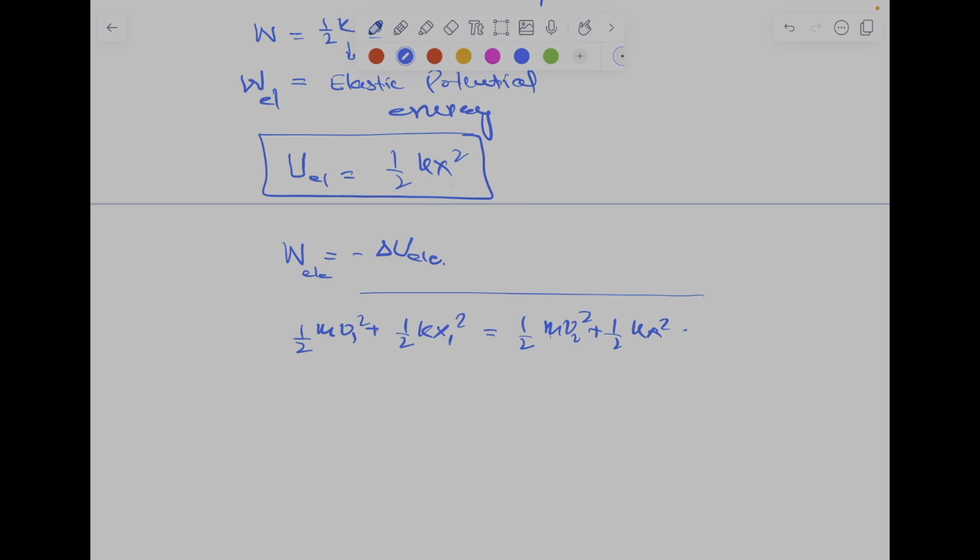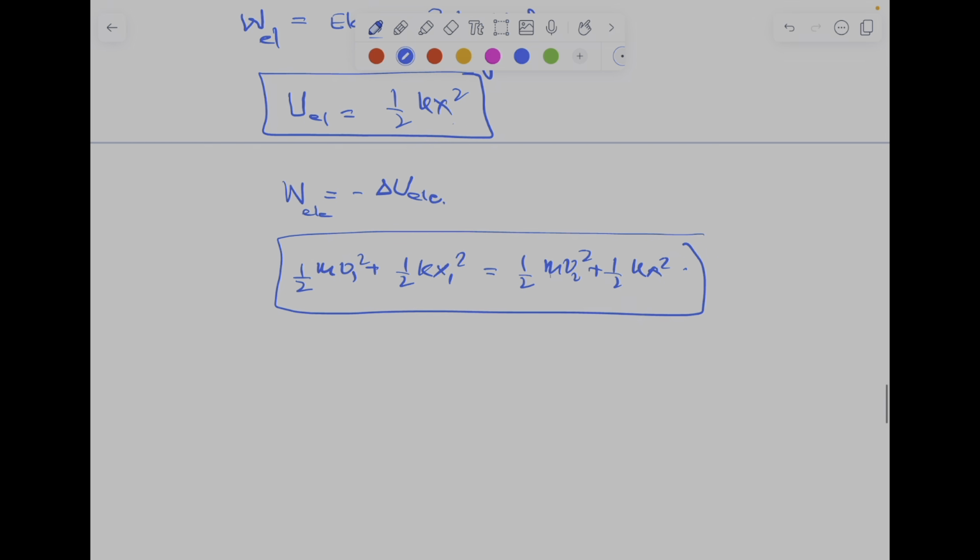So this is your total energy of the system when you have the spring, okay? So in situations when we have both the gravitational potential energy and the elastic potential energy, your potential energy is U gravitational plus U elastic.